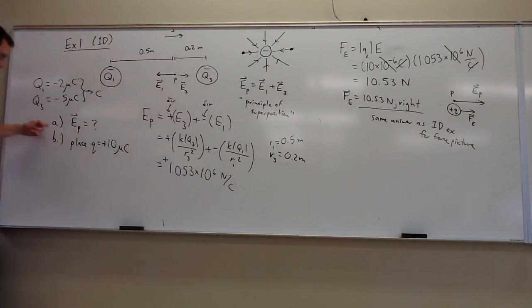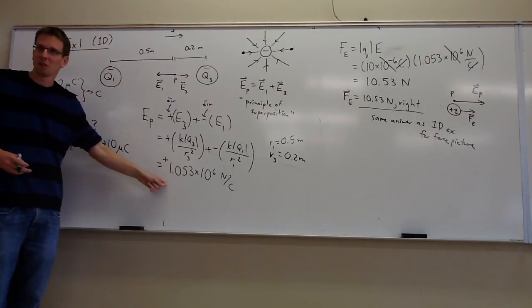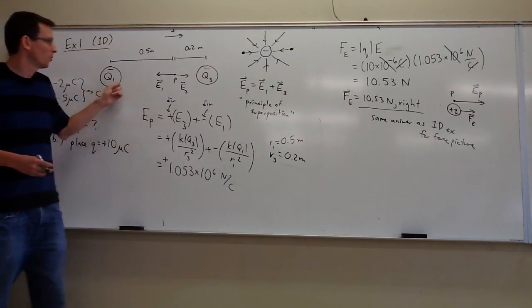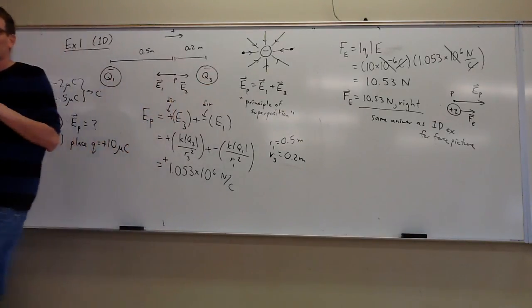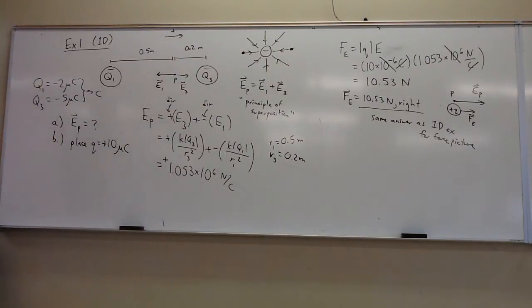Now that I've prepped part A and I know about this location, I've basically done the heavy lifting of figuring out what's going on there because of the charges Q1 and Q3. I can give you a list of 17 different charges to swap in and out of point P, and you can very quickly tell me what happens to them.